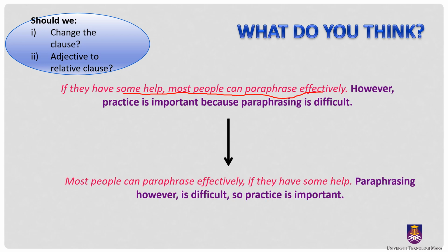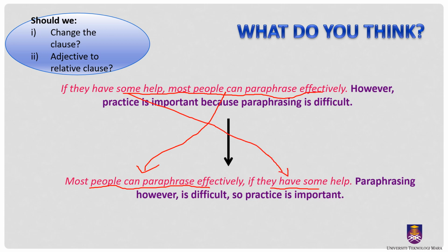Alright, and the new sentence is, most people can paraphrase effectively if they have some help. So if you notice in the first sentence here, you change some of the phrases. For example, most people can paraphrase effectively. You bring this to the beginning of the sentence. And then if they have some help, you bring this to the second location in the sentence.